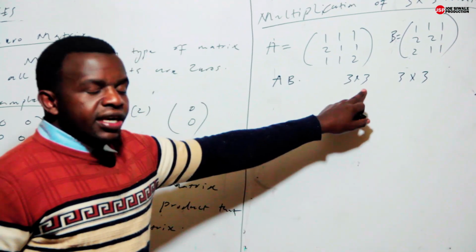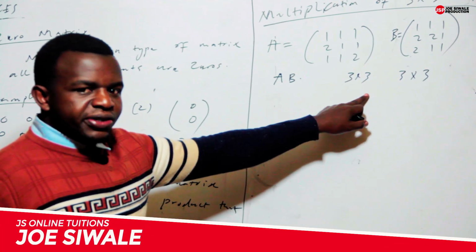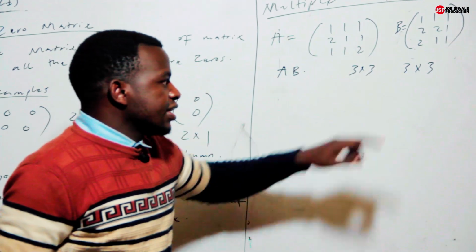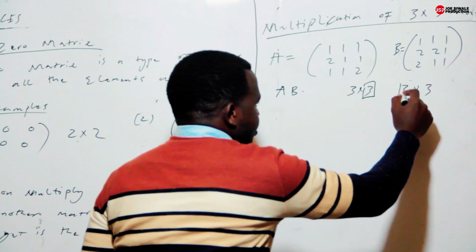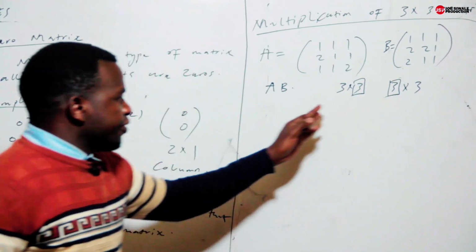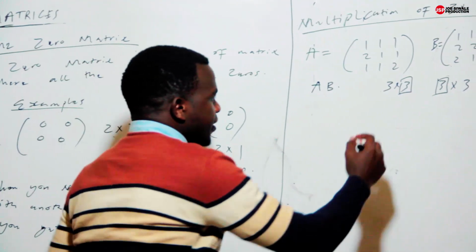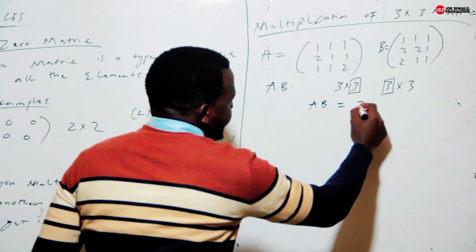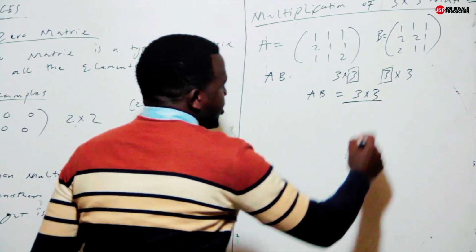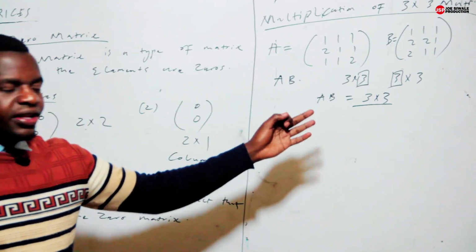So the number of columns in the first matrix is equal to the number of rows in the second matrix. That means that we can multiply these two matrices, and the product AB is going to be a 3 by 3 matrix.